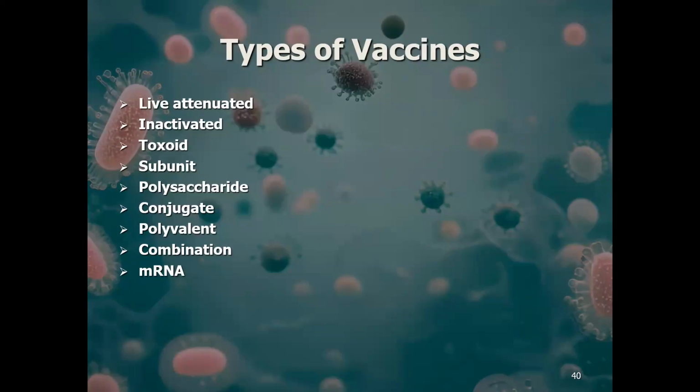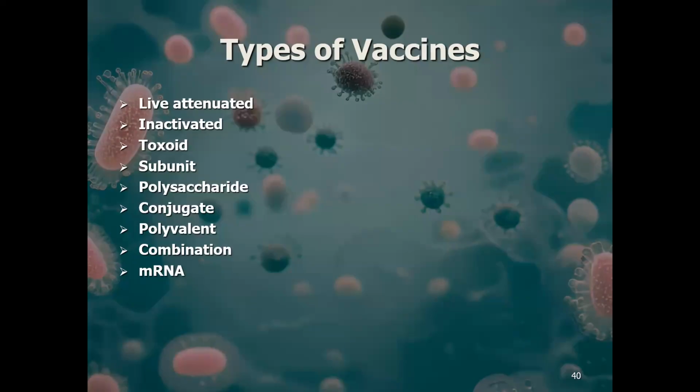A subunit vaccine contains only the minimal microbial elements necessary to stimulate long-lasting protective or therapeutic immune responses. For polysaccharides, only the sugar part of the bacteria, the capsule, is included as the antigen to stimulate the immune response. Conjugate vaccines are where the sugar is joined to a carrier protein, and polyvalent vaccines immunize against more than one strain of an antigen.